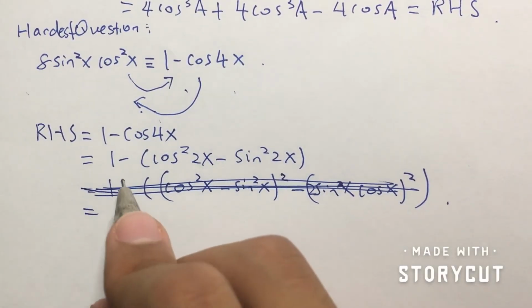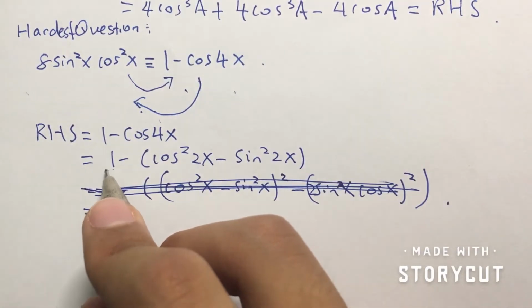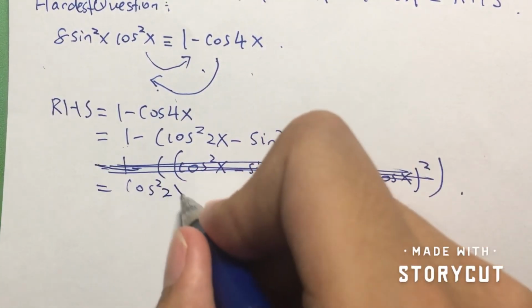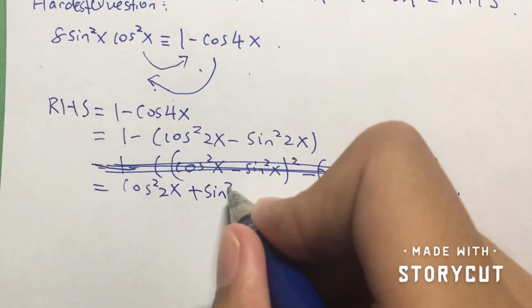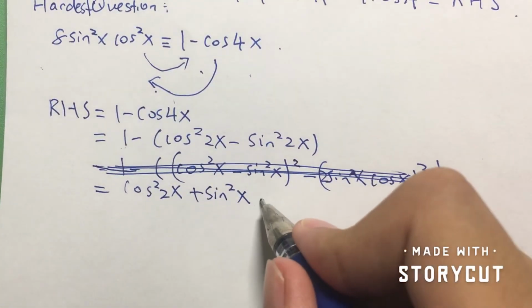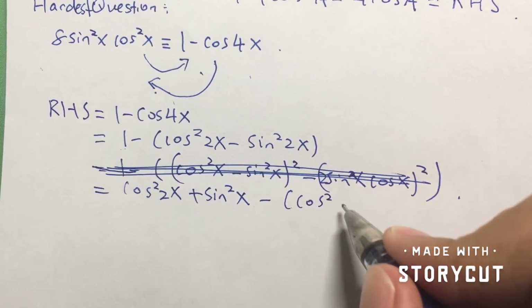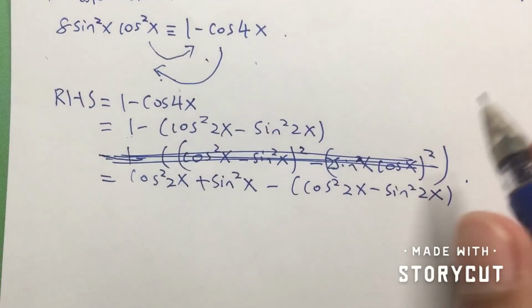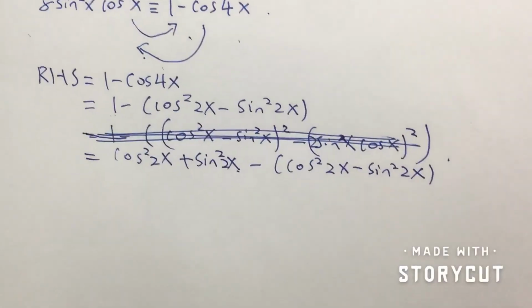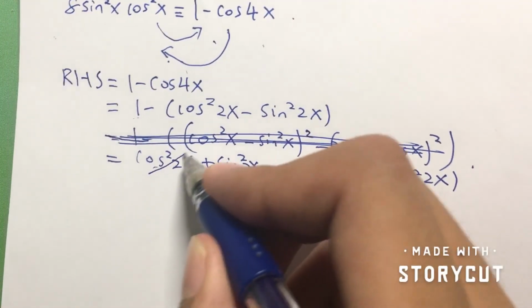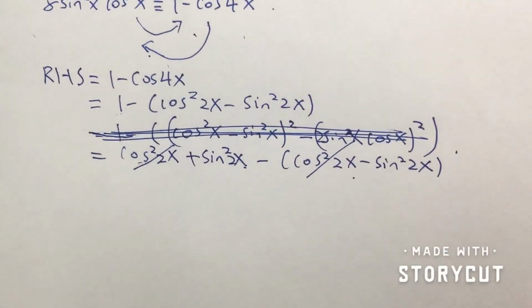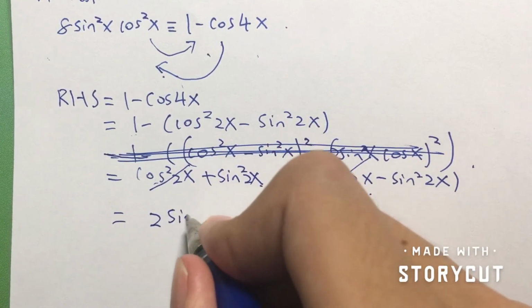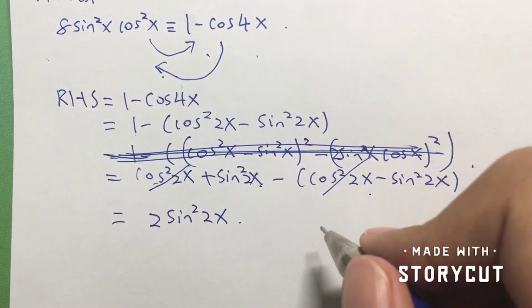And here let's consider that 1 is equal to cosine squared 2x plus sine squared 2x, and minus cosine squared 2x plus sine squared 2x. Well, here's the 2 here. Now we can subtract both of these two terms, and our answer will be 2 times sine squared 2x.